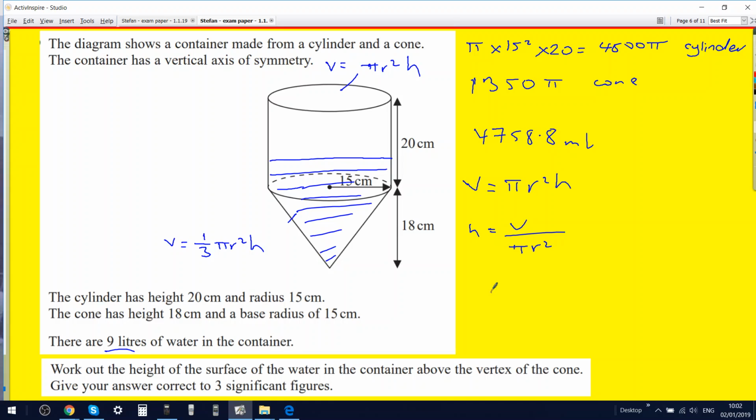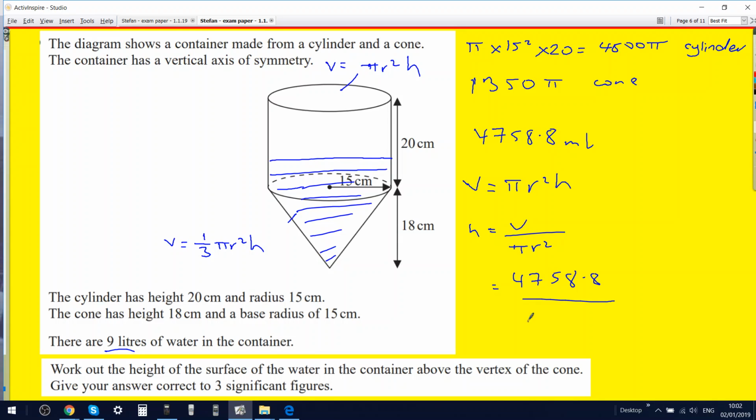And then, so the volume is 500 pi. Yeah, the volume of the water remaining.